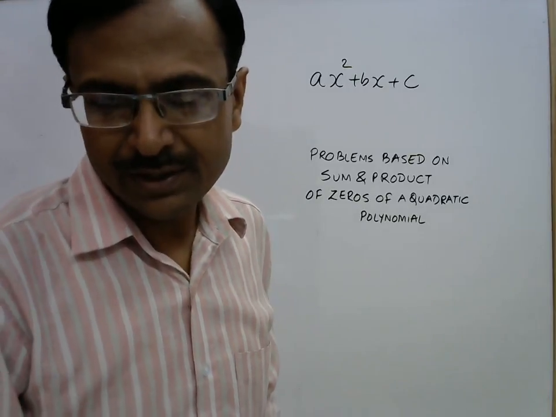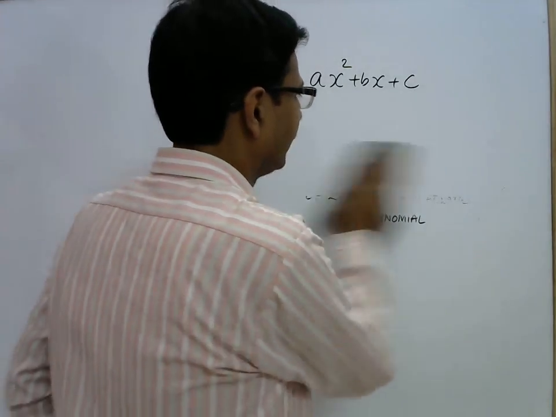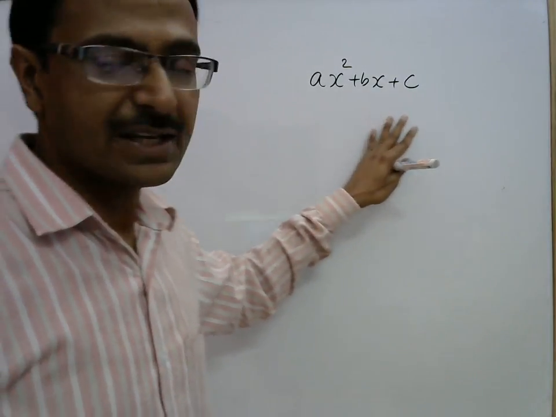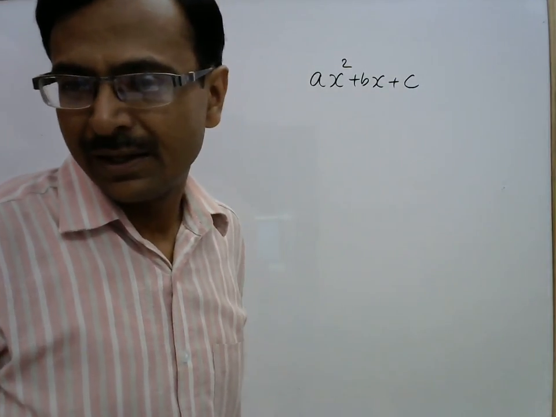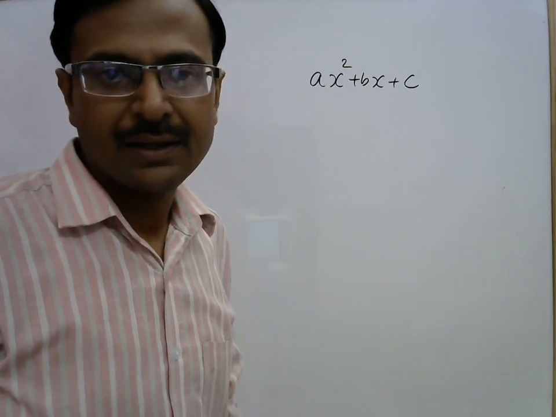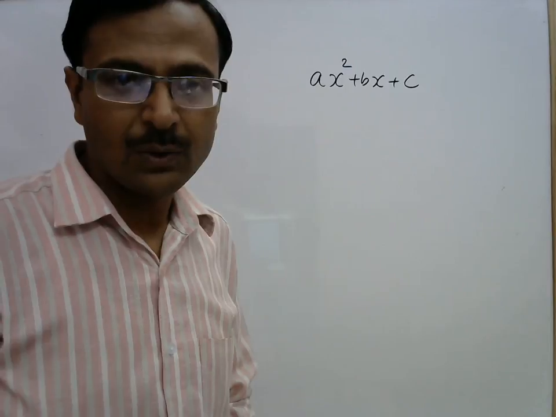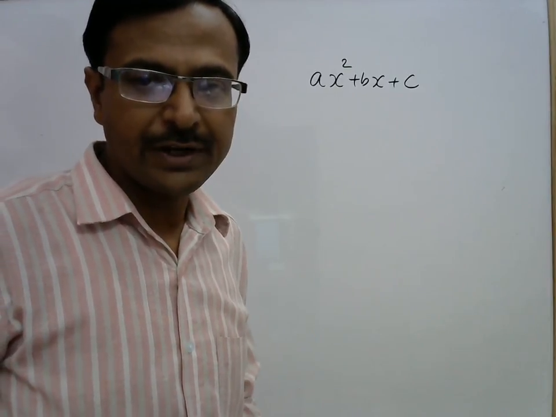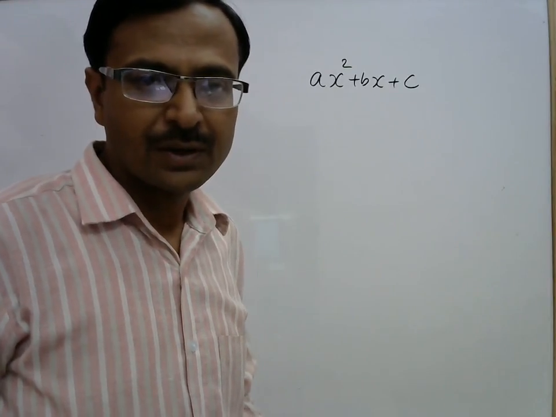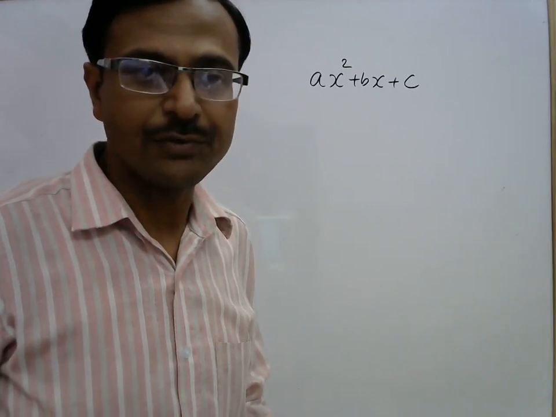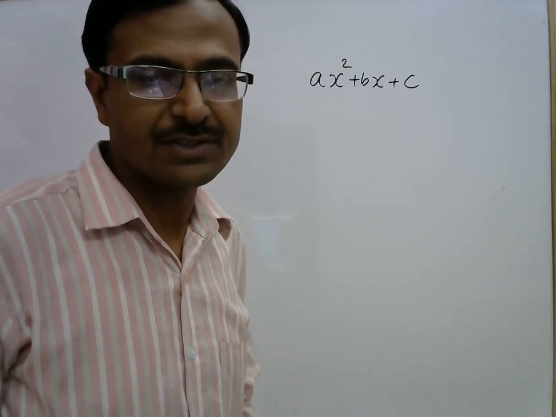Okay. Let us get on with the concept first. Now see, whenever you have a quadratic polynomial ax square plus bx plus c, then it has 2 zeros, and now we have already done one video in which we learned how we can find the zeros of a quadratic polynomial. So we have already done that in the previous live streaming.